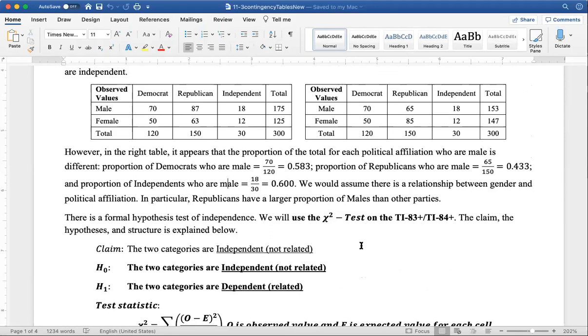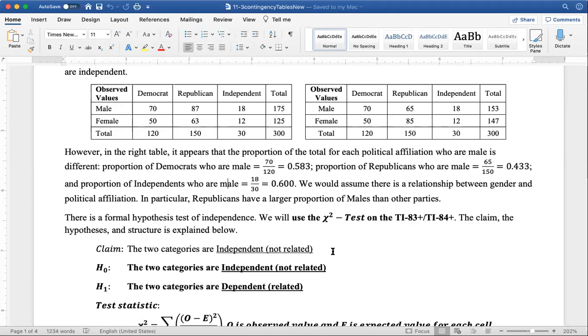In these tests, our claim is going to be that the two categories or criteria are independent, which means that they're not related. The null hypothesis will be the same as the claim: the two categories are independent, not related.